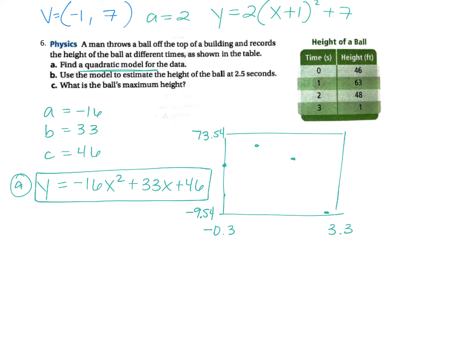And then it says estimate the height of the ball at 2.5 seconds. So 2.5 seconds, that's your time, so that's your x value. So we're going to plug in 2.5 to both of these. So negative 16 times 2.5 squared plus 33 times 2.5 plus 46.